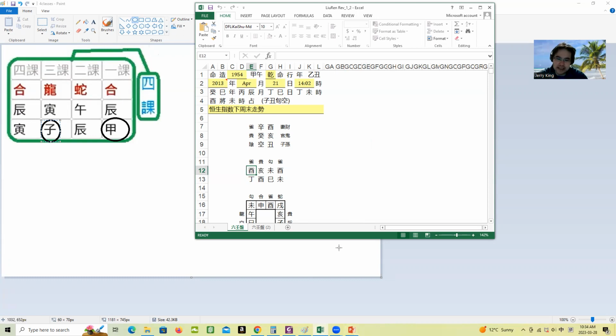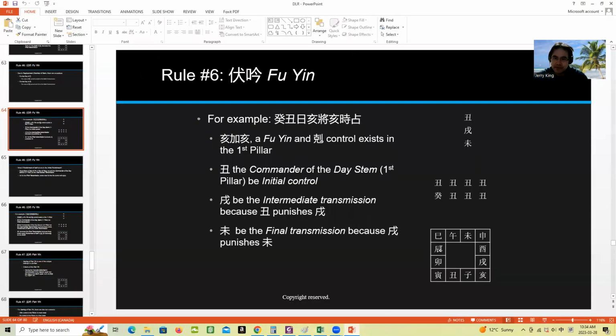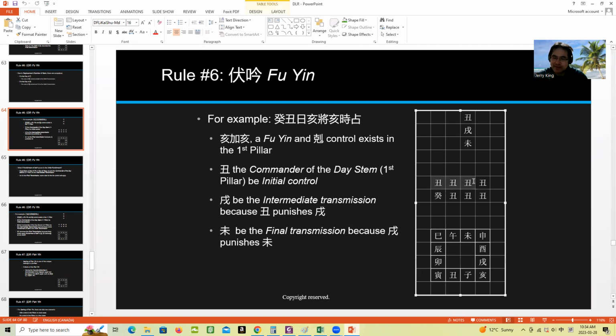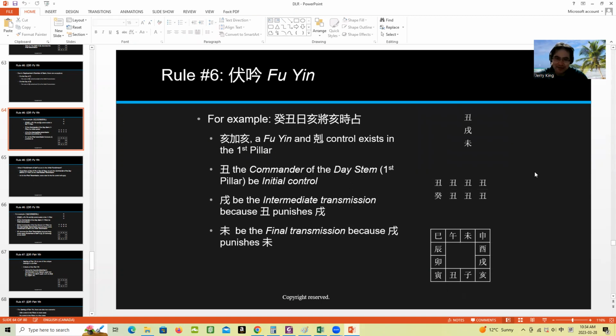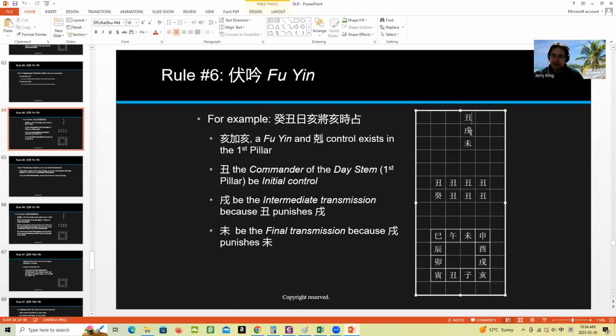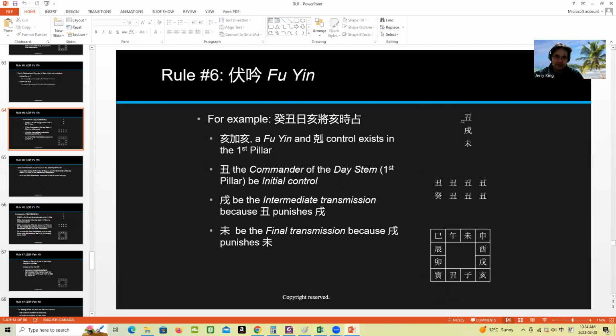It's very easy to spot a Fu Yin pattern. Most Fu Yins have the same symbols. So for example, this one right here, you got all oxen, all the ox here. And most of the time when you're in Fu Yin, you usually get a punishment in the three transmissions as well. So I'm just trying to simplify here.